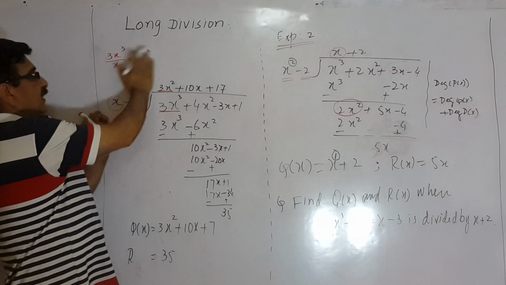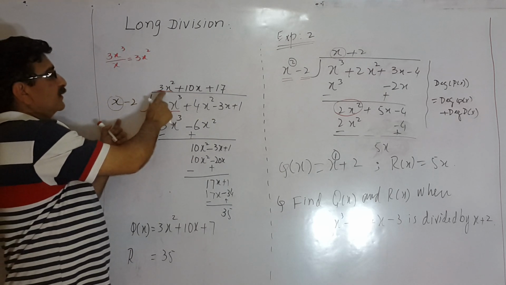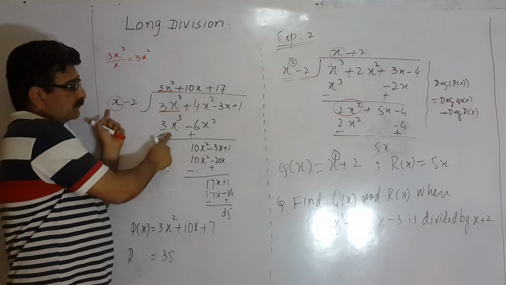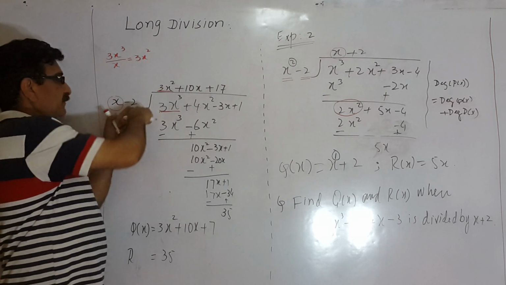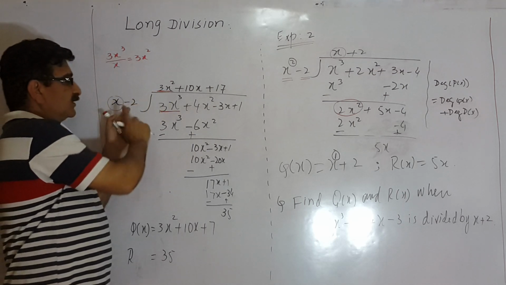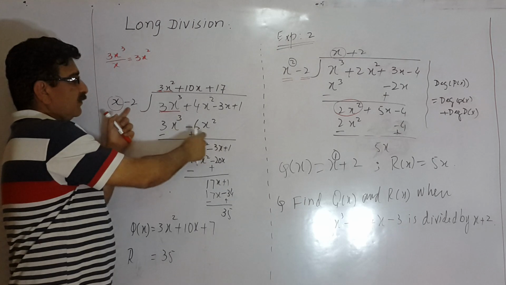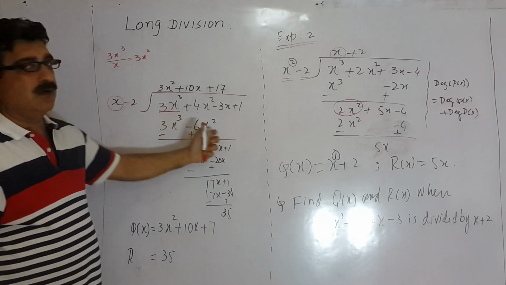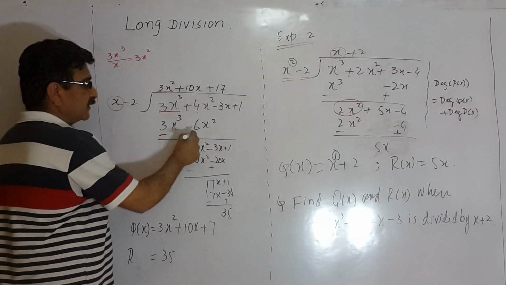Now this is completed. Now multiply this 3x square with x and write here. Then also multiply this with minus 2, and this will be 6x square, and write over here. So this is the first step for the division. Then change the signs here.